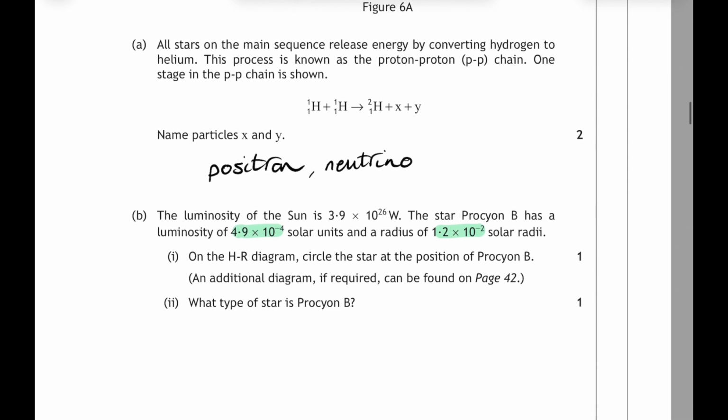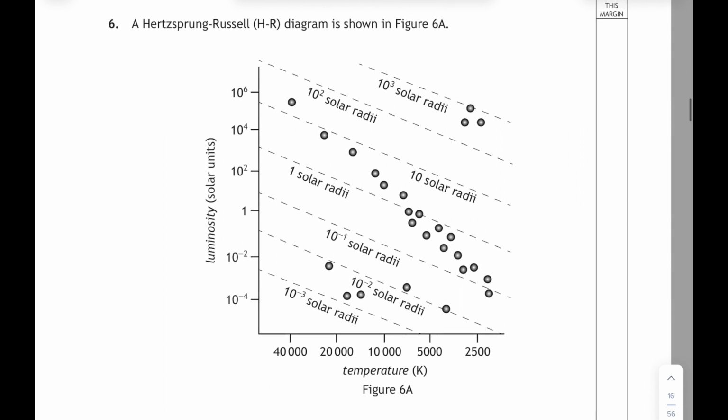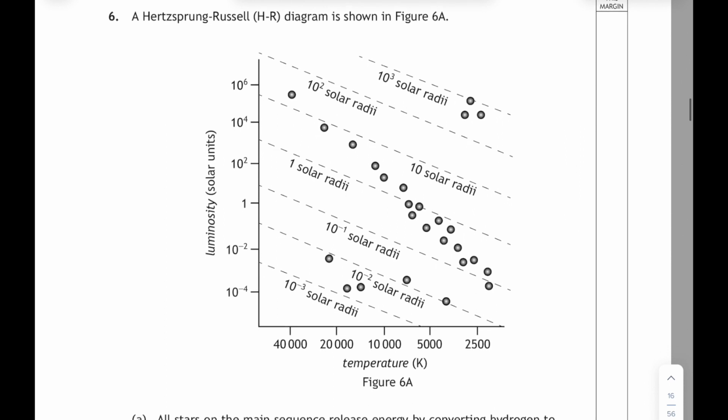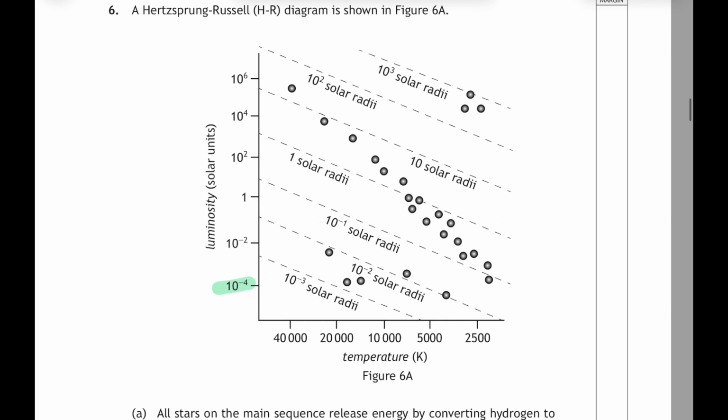Let's have a look at the diagram. So 10 to the minus 4 for the luminosity gives us a choice of maybe 3 or 4 stars there, but 10 to the minus 2 solar radii gives us pretty much 1 star to choose from, because it's just over 10 to the minus 2 solar radii.